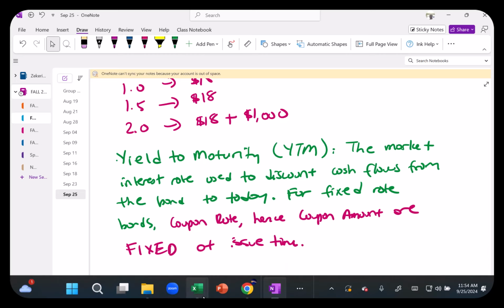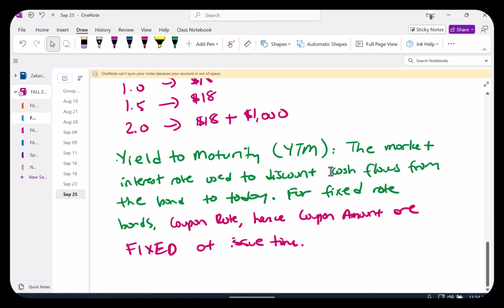So the inputs that we're going to use to calculate the value of a bond: I'm going to have to know the coupon rate, the coupon frequency, the face value, how many years you have until maturity, and the yield to maturity.